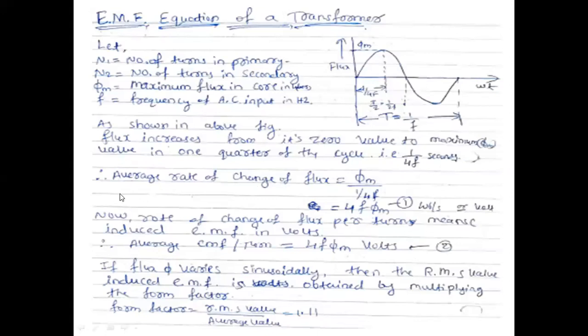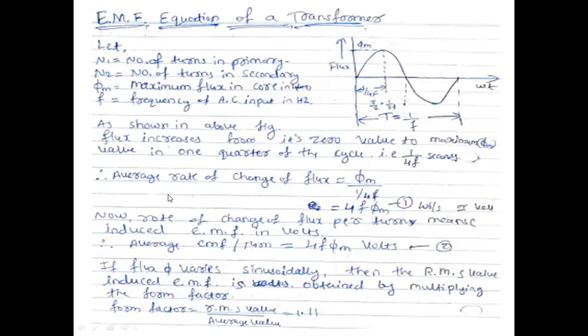Next line I write down. Therefore, average rate of change of flux equal to phi m divided by 1 by 4f.